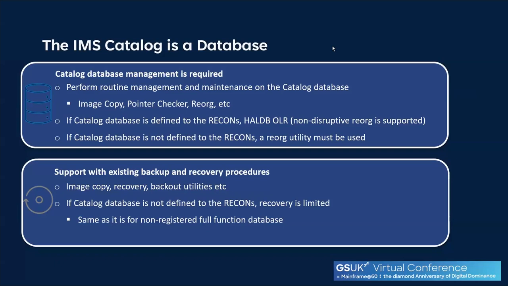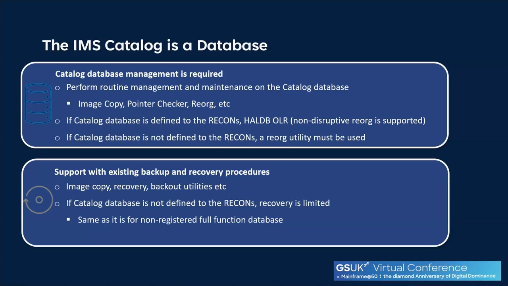Okay, no problem. So as I mentioned, the IMS catalog is a database. It is implemented as a catalog, LDB, PHIDAM, OSAM. We need to give all the care and attention that we give to any other critical database. And since this is a system database, because everything is now dependent on it, we need to give extra care to this database.